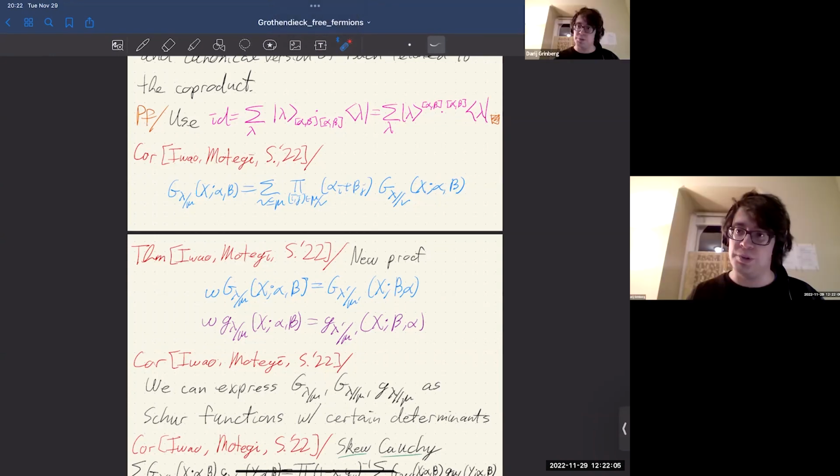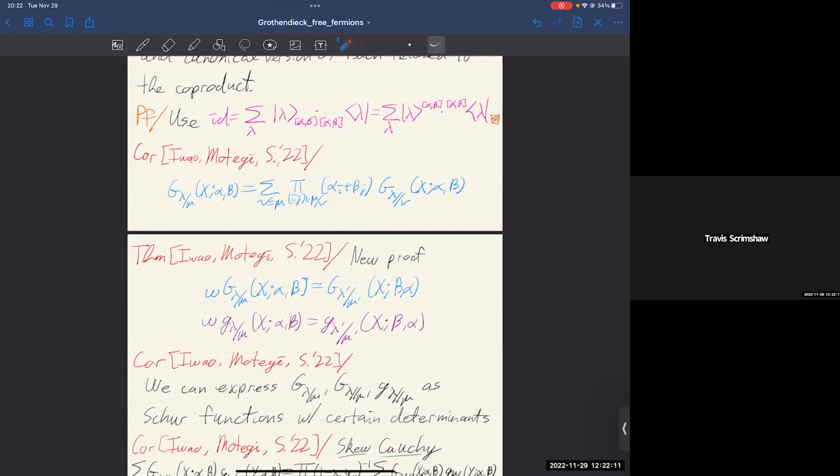Are the multi-Schurs positive in any way? Maybe in special cases, but I don't know in general. In this case, we're using alternating alpha and beta. So the positive version would be negative beta, negative alpha for the big G's.